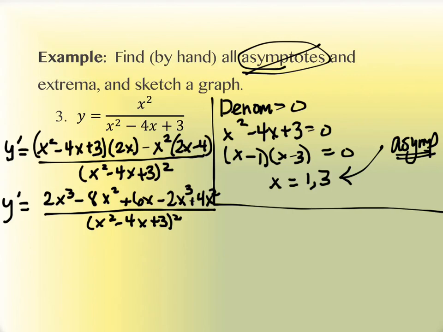Okay, so what simplifies in the numerator? 2x cubed, they just even go away. What else? Okay, so this is negative 8x and positive 4x, both of them squared. So what do I have? Negative 4x squared, and then plus 6x.